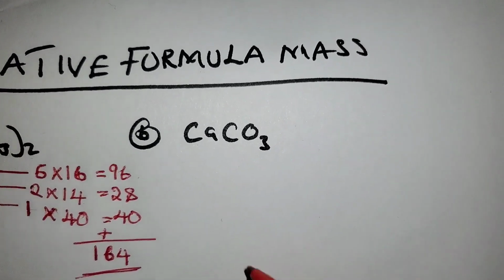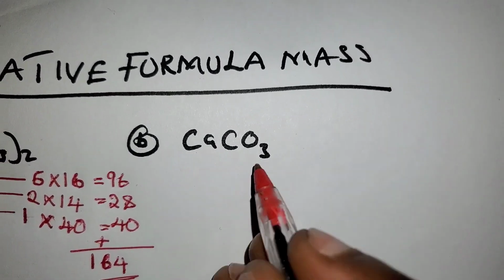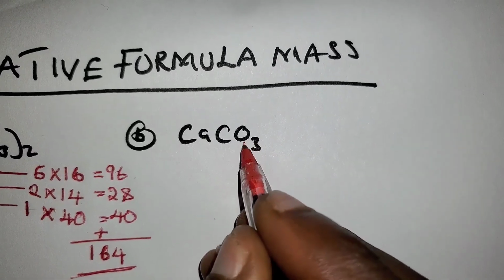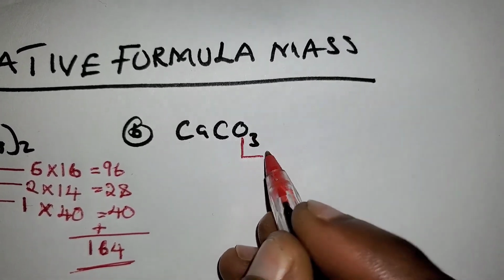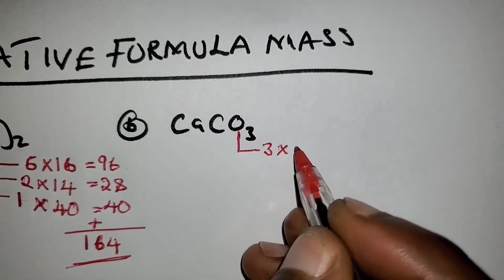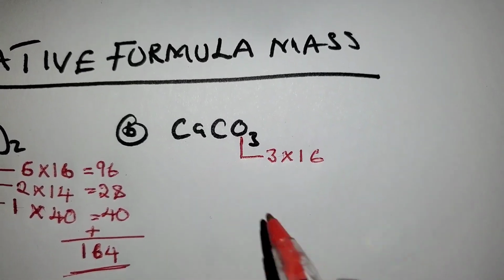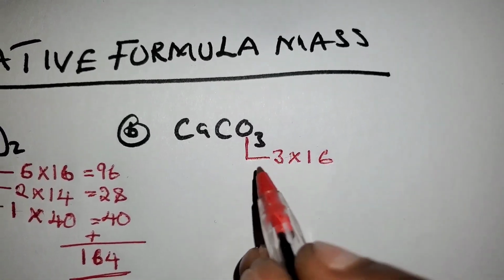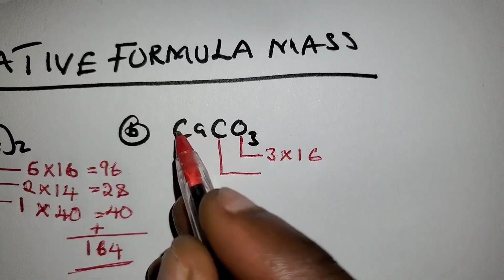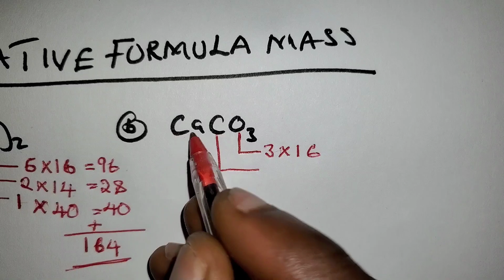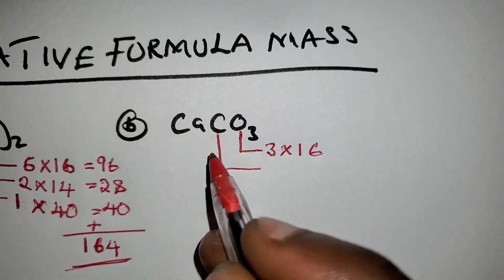Next one is this one, which is calcium carbonate. Let's start with the last one: we have 3 atoms of oxygen, so it will be 3 times 16. Then carbon: this is carbon, and this is not carbon, it's together with the A, so this is calcium.